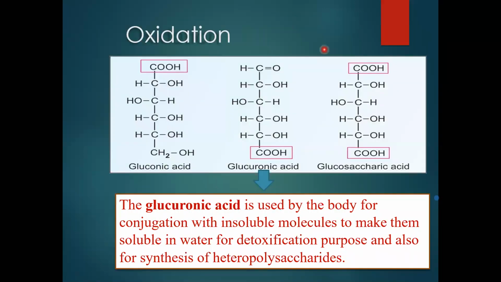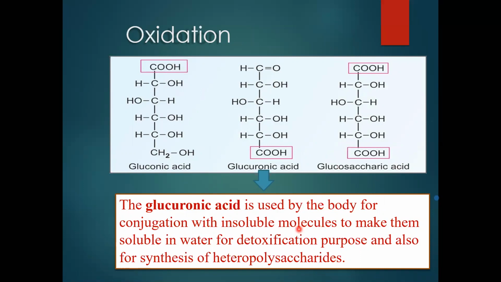Oxidation. We have gluconic acid, glucuronic acid, and also glucosaccharic acid or glucaric acid. Glucuronic acid is used by the body for conjugation with insoluble molecules to make them soluble in water for various detoxification purposes.